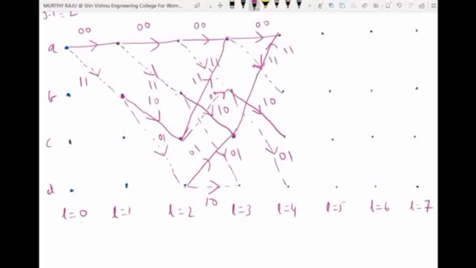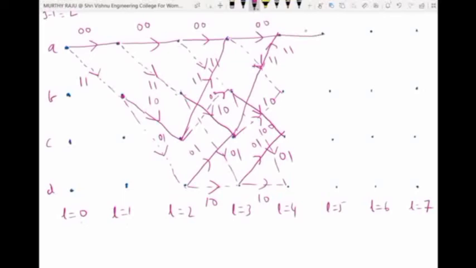C to B, the output is 0 0. Next D to C, the output is 0 1. D to D, the output is 1 0. Up to L is equal to 5. The structure is periodic in nature.